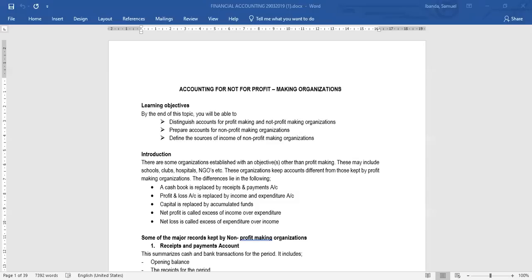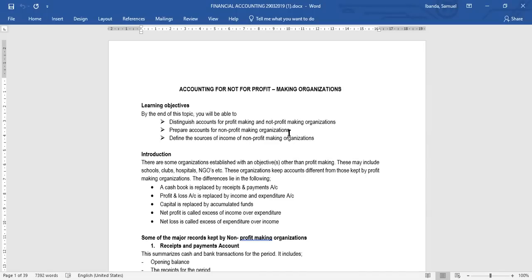We will also look at areas around partnerships and manufacturing. We shall also look at some element of sole proprietorship, but that will be single entry, okay, and so on. So for matters of this class, today we are looking at the accounting for non-for-profit making organizations.